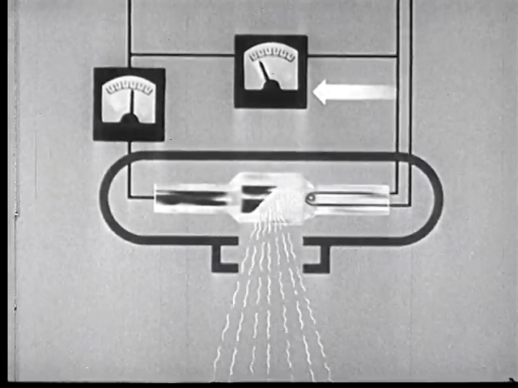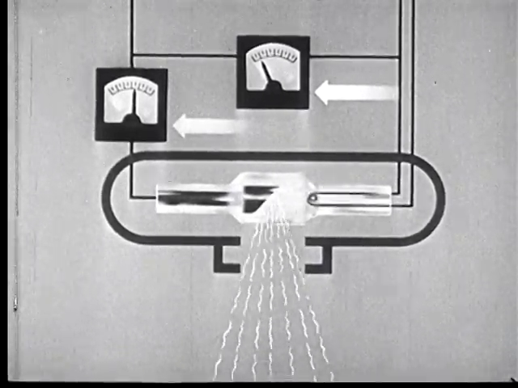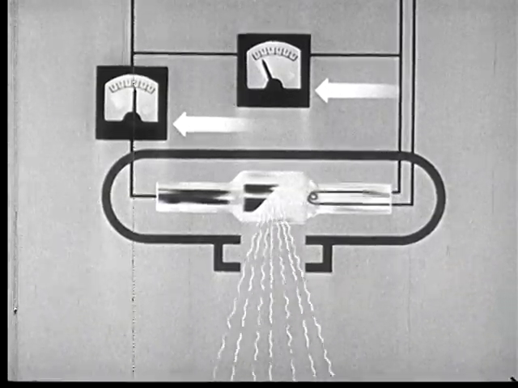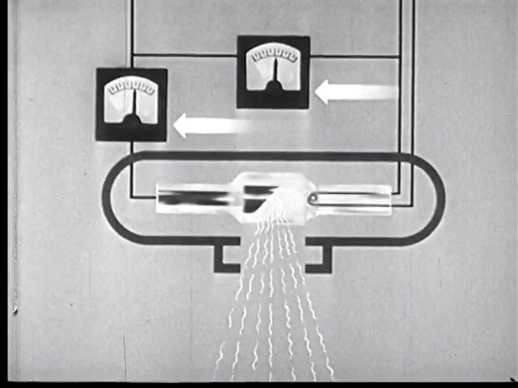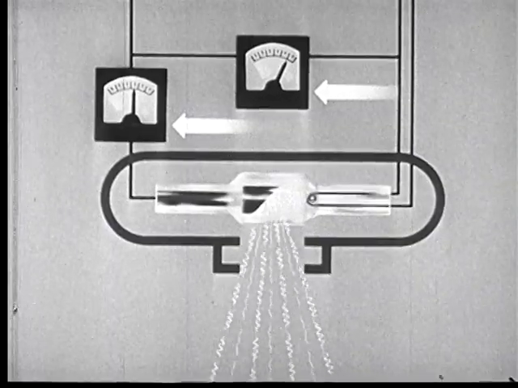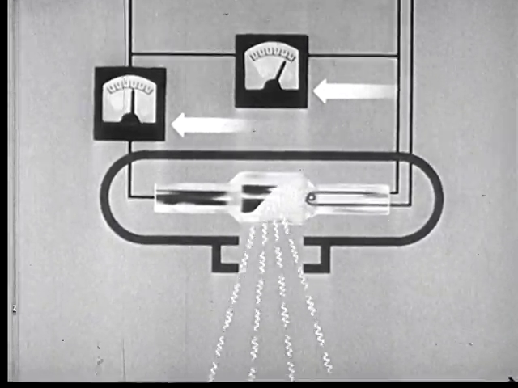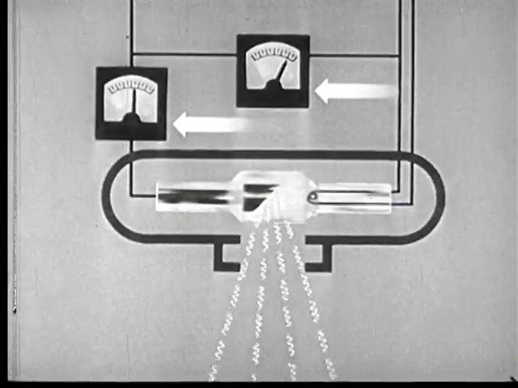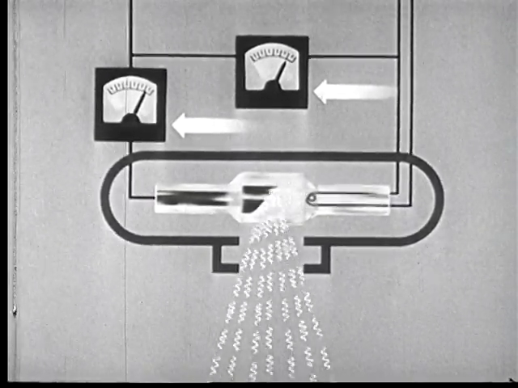The number of X-rays produced depends upon the number of electrons flowing across the tube. This is measured by what is called milliamperage. As the voltage is increased, X-rays of a shorter wavelength are generated. While if the milliamperage is increased, a greater quantity of X-rays is produced.